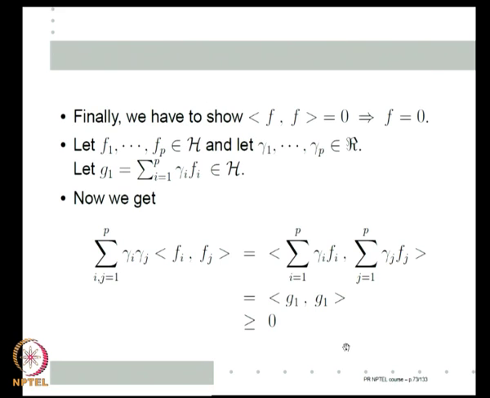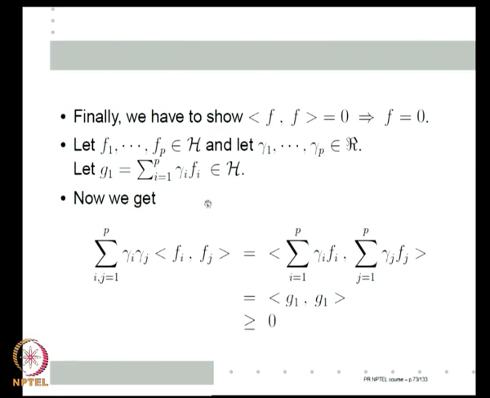What does this mean? This is exactly what we wanted from a positive definite kernel. Earlier, positive definite kernel meant, as we have seen, the sum of c i c j k of x i, x j is greater than or equal to 0.